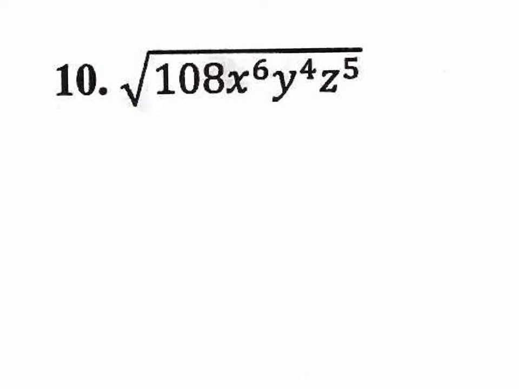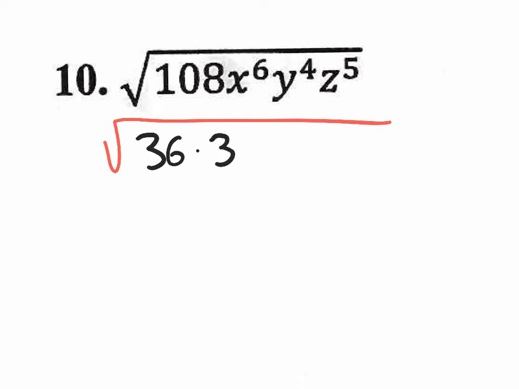So right here on number 10, we could start splitting roots, and I would rewrite everything on the inside so you could actually take the square root of some stuff. So like 108, it's not a perfect square number. What could you rewrite 108 as? 36 times 3.